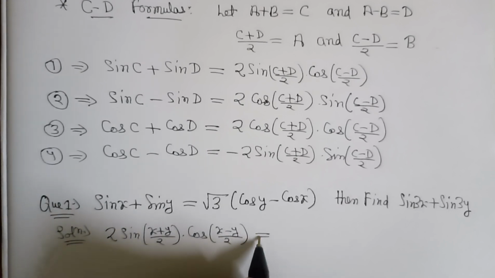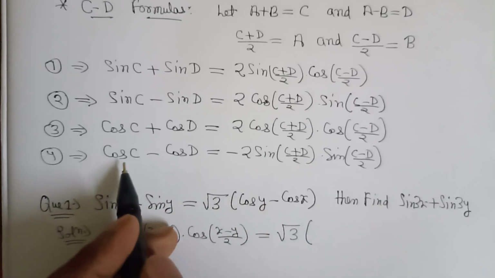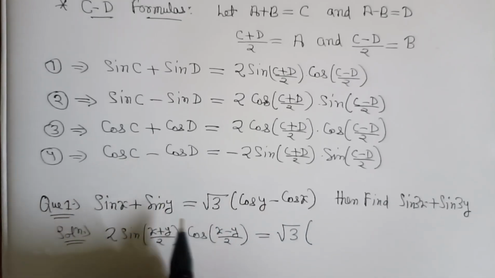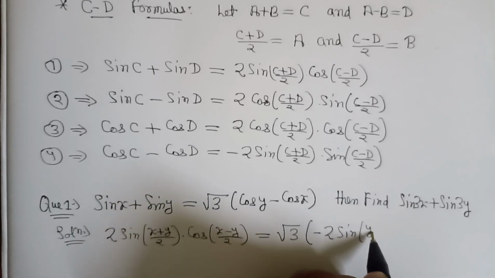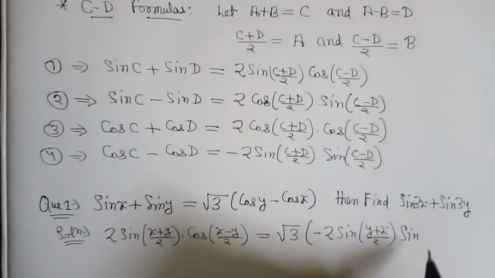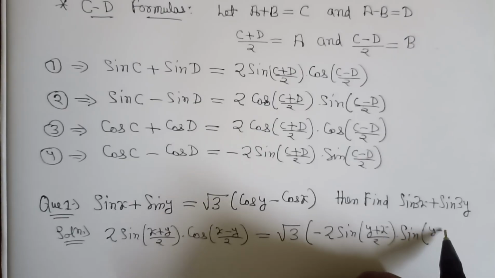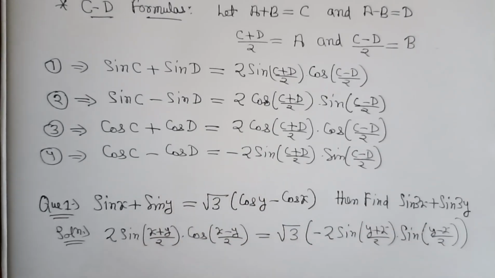Correct? Which is equal to square root 3 times (cos y minus cos x). Apply the cos C minus cos D formula: this will be minus 2 sin((y+x)/2) sin((y-x)/2). Correct?